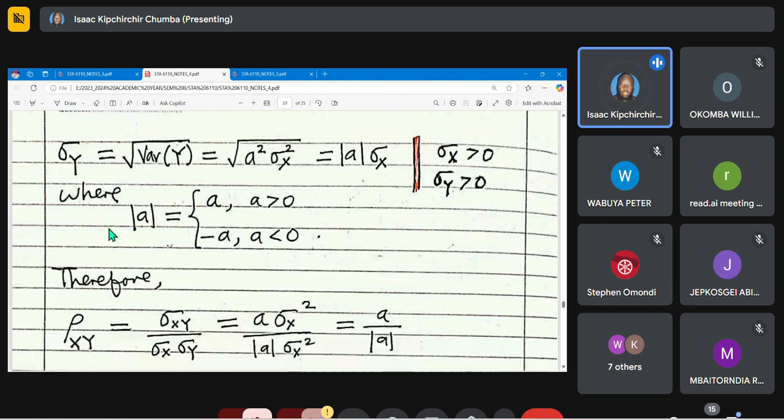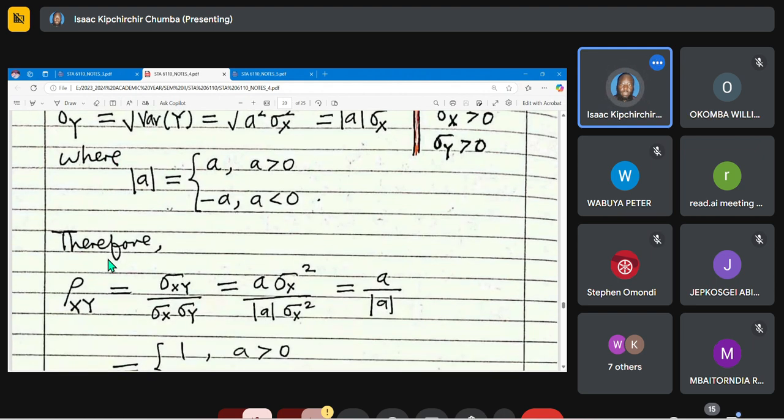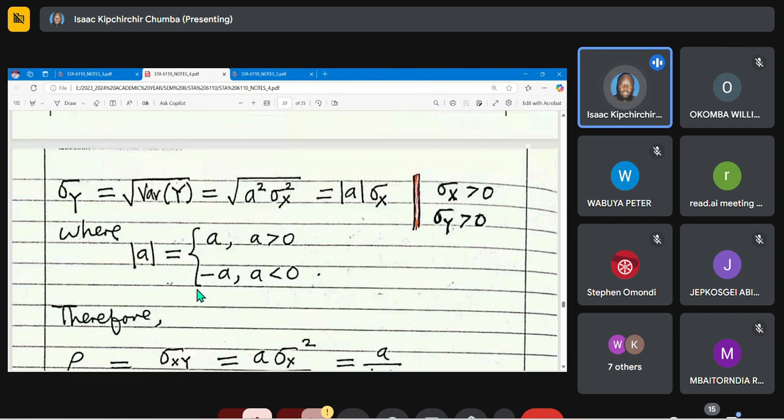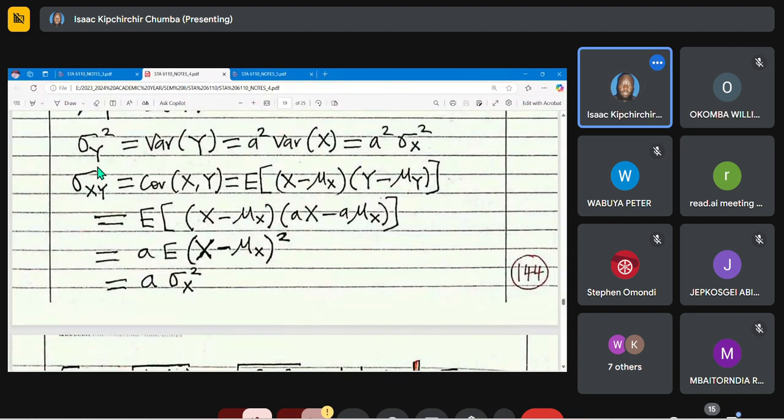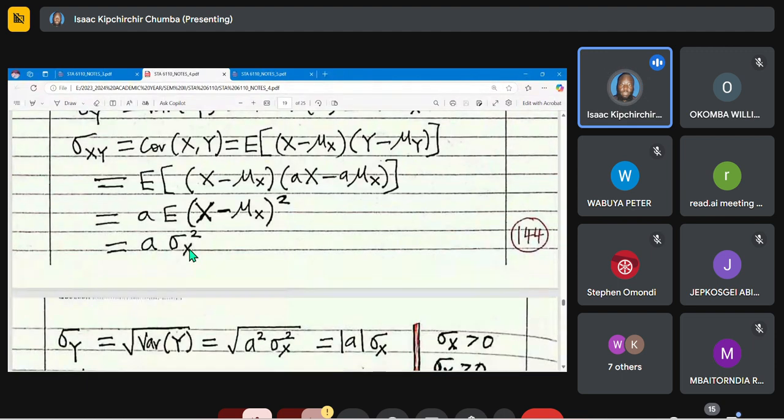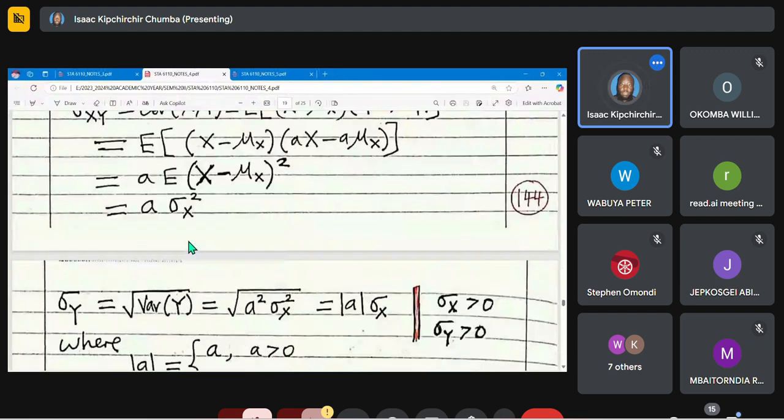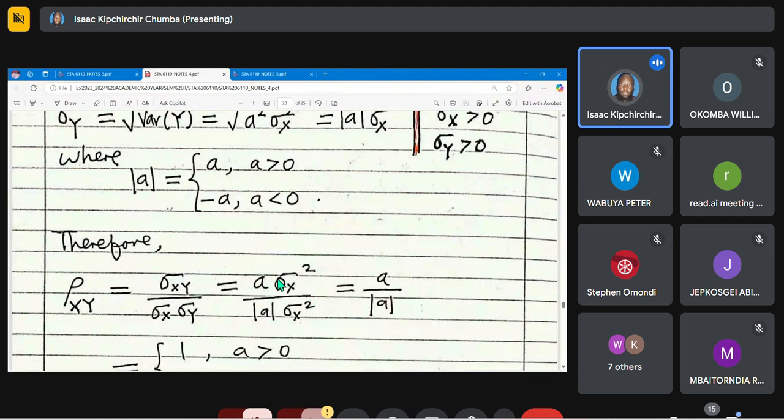Now, therefore, let us see the correlation. Correlation is covariance divided by the product of standard deviations. Covariance between x and y, we have found to be a times the variance of x, which is sigma x squared. Put it there. That is the covariance.